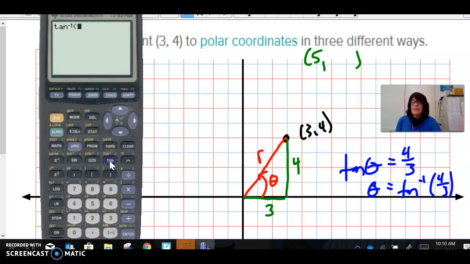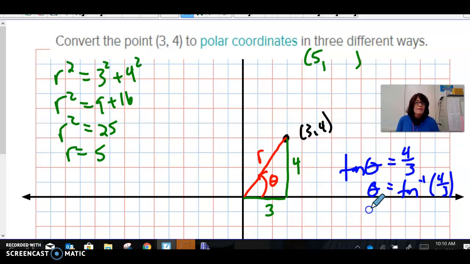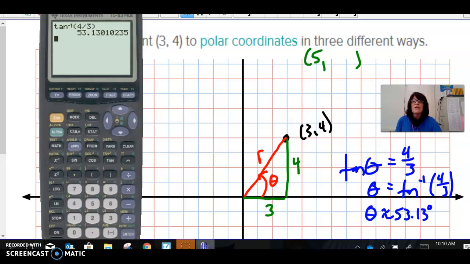So inverse tangent of 4/3 is about 53 degrees. Okay, so I am going to round to the nearest hundredth and say that it is 53.13 degrees. I feel like that's pretty accurate.